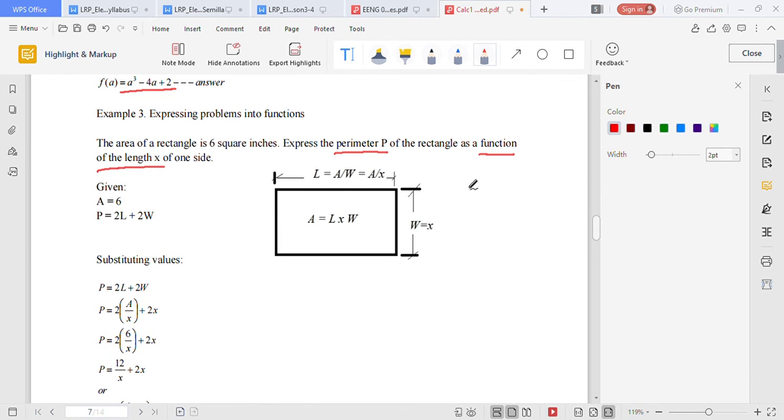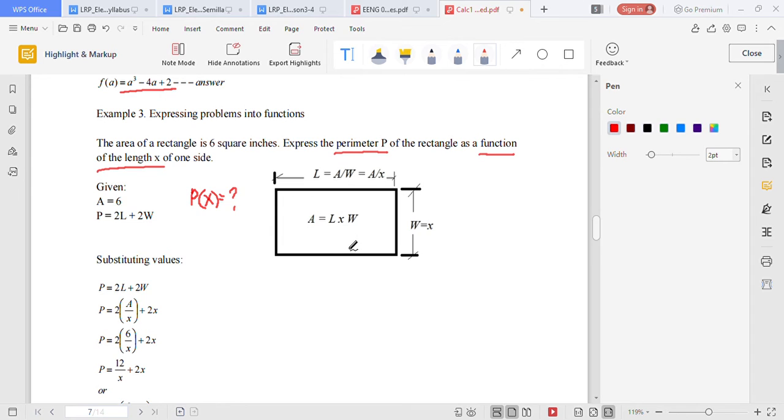Meaning, we are going to find P of x. If you draw the rectangle, we assume one side, W, and equate that to x. We assume the other, longer side as L. We are given an area, and the area is length times width.